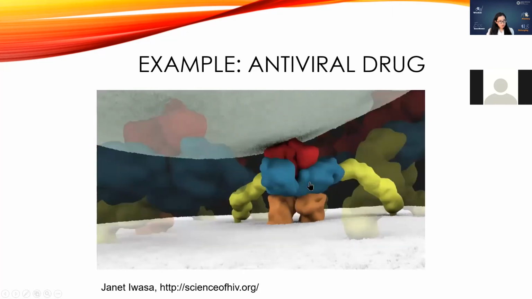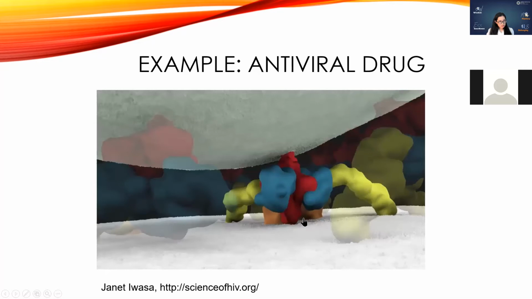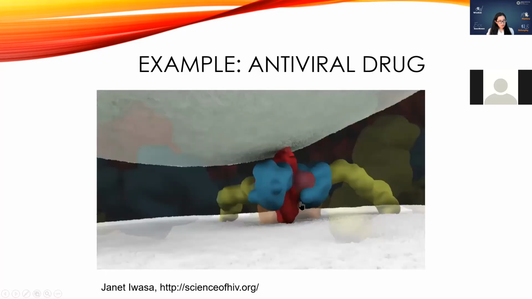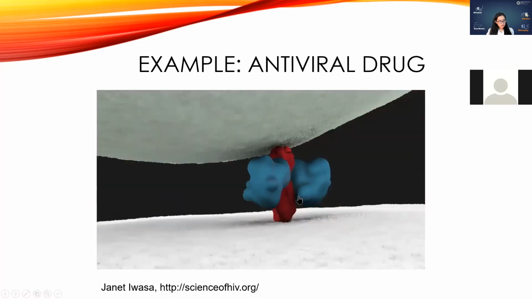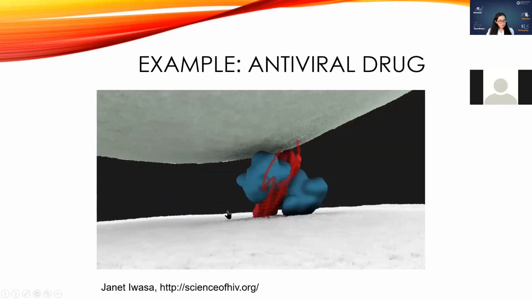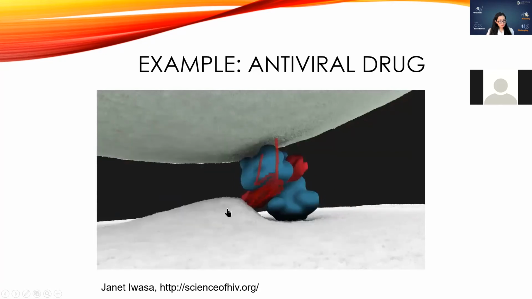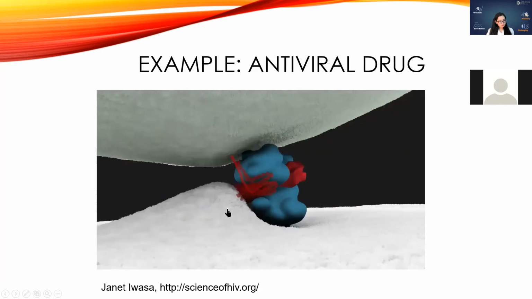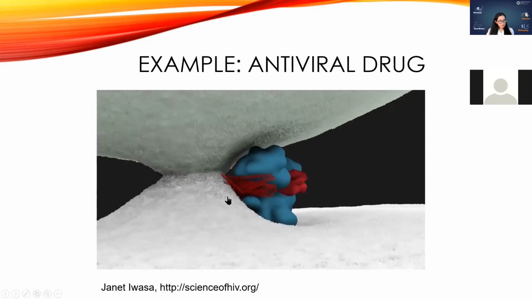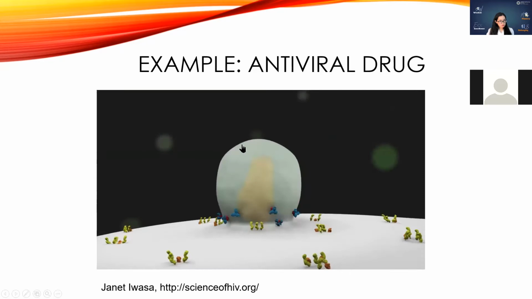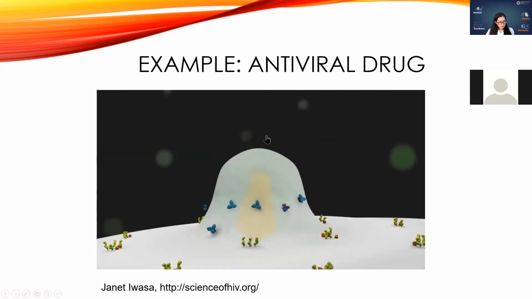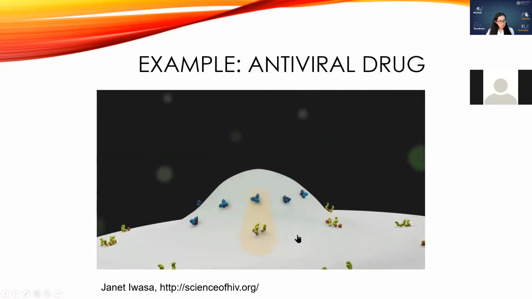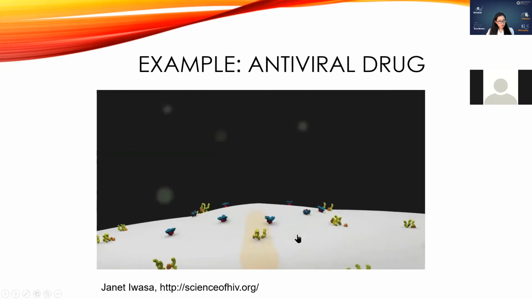So it will push the helix inside and punch a hole, and then these red helices will allow the two membranes to fuse to one another. And now it can inject its genetic material inside, and then it gets inside the T cell and infection occurs.